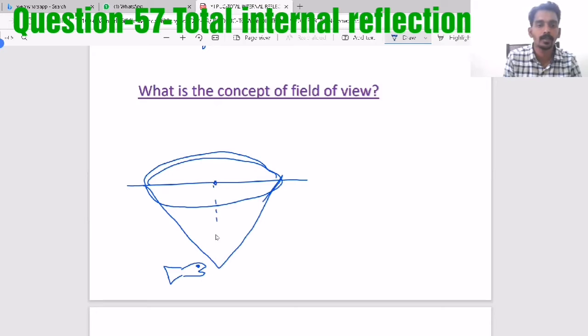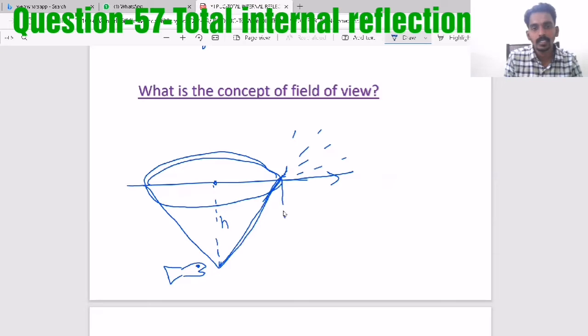That is called field of view. Like the fish is at a depth h. Now the light is going like this, so remaining will go like this. So it can see the whole world through this area only.